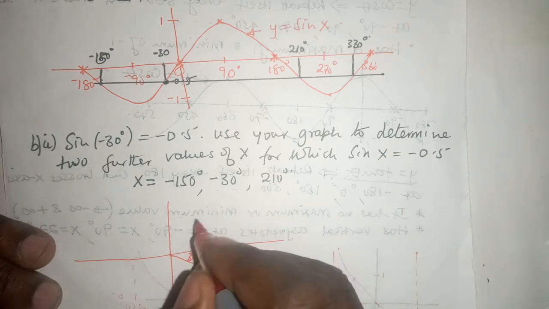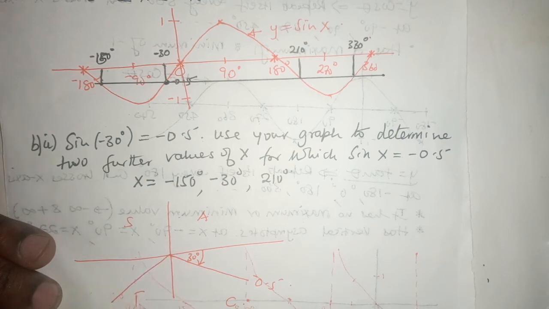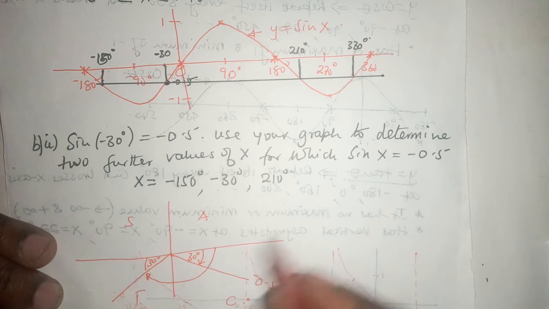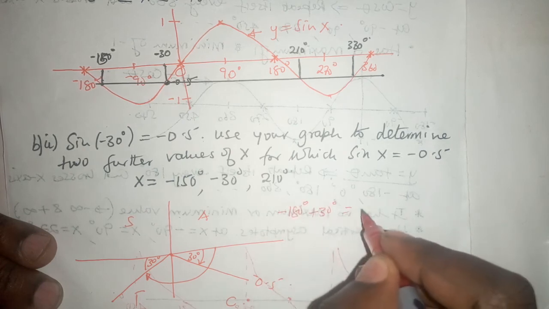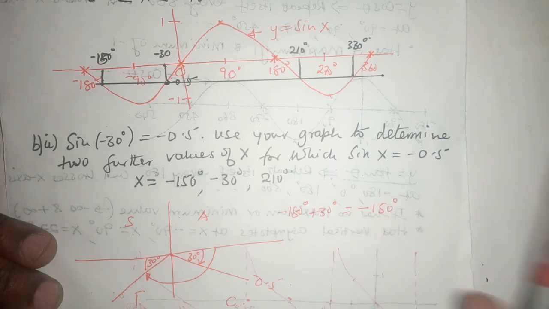And because we know that sine is negative here and sine is also negative here, this is 30 degrees also. So we know that is another possible angle. And what is the measure of this angle? Negative 180 plus 30, which is easily negative 150 degrees.